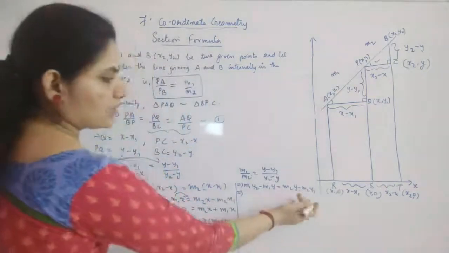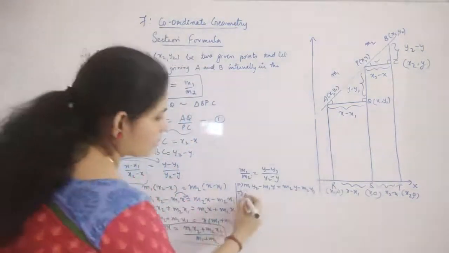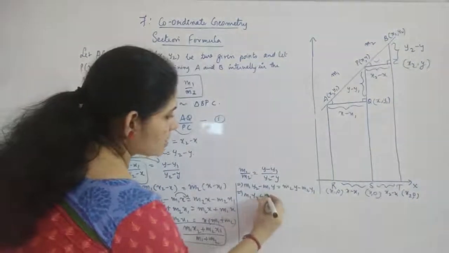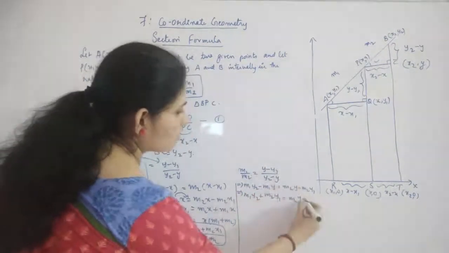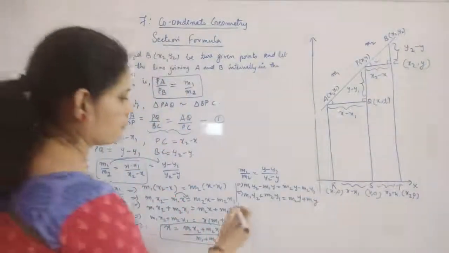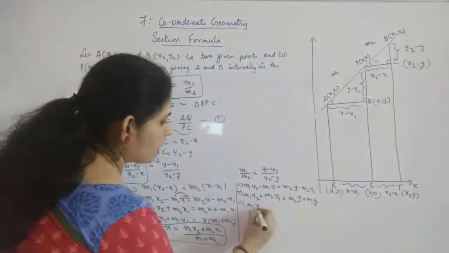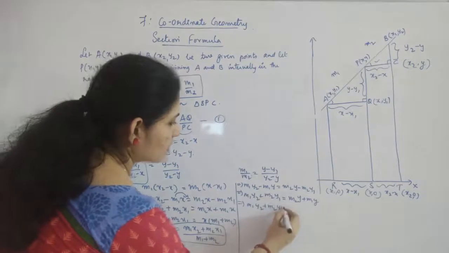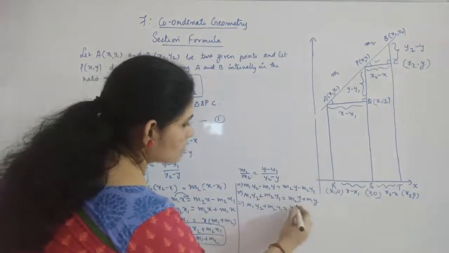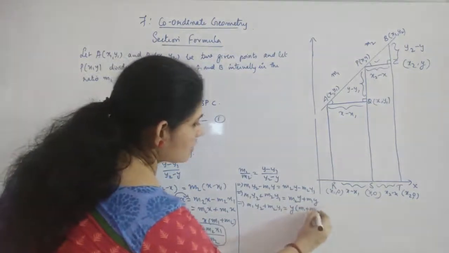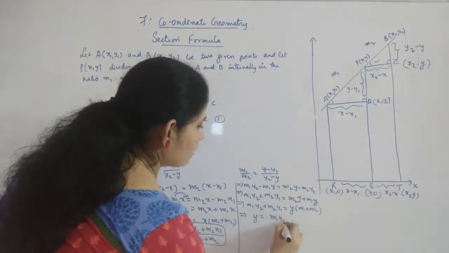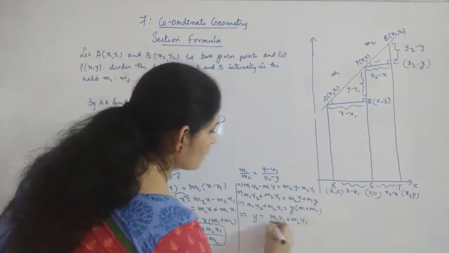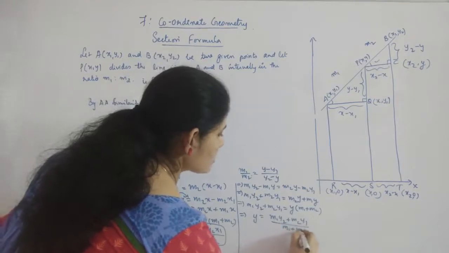Again you are collecting the y1 and y2 together, that means m1 y2 plus m2 y1 is equal to m2 y plus m1 y. So here m1 y2 plus m2 y1 is equal to y into m1 plus m2, or y is equal to m1 y2 plus m2 y1 by m1 plus m2.